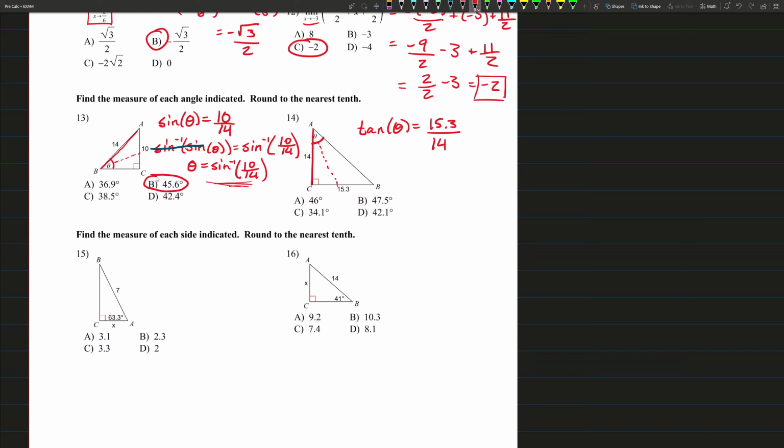Again, we take the inverse tangent of both sides, so theta is equal to inverse tan of 15.3 divided by 14. Plug that into a calculator, and we get 47.5.